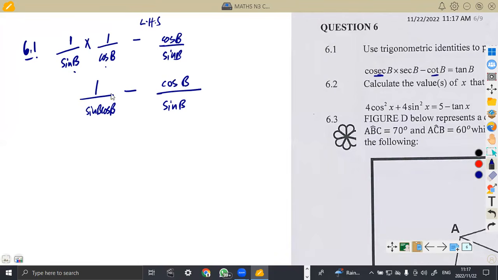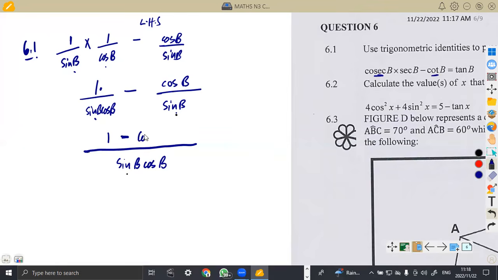We can actually apply our subtraction. Remember, in addition and subtraction of fractions, we must have the LCD or the LCM, which in this case is sine B cos B. So sine B cos B divided by sine B cos B, that's 1. And here we've got 1. So 1 times 1, that's 1, minus sine B cos B divided by sine B. As we can see, sine and sine here will cancel, you remain with cos.